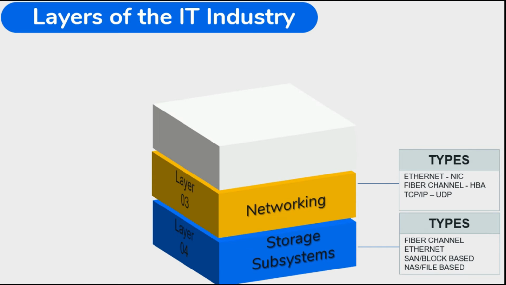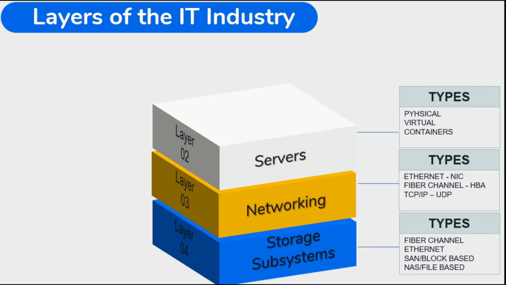Then comes your layer 2, which is the servers. The servers are either physical servers, they can be virtual servers, and within the virtual servers, we also have the concept of containers. Primarily Dockers. Dockers are not the only type of containers, but containers have been there for a very long time.